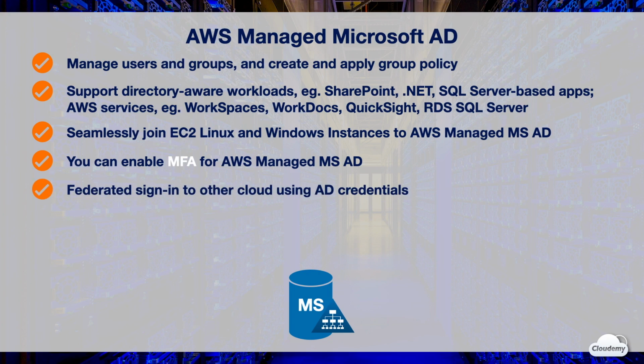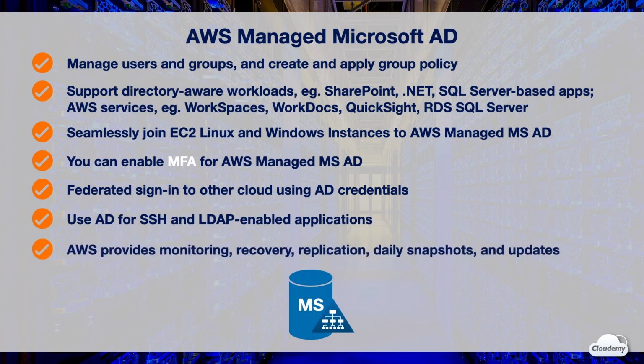For example, you can sign in to Microsoft Office 365 and other cloud applications with credentials stored in AWS Managed Microsoft AD. Because Active Directory is an LDAP directory, you can also use AWS Managed Microsoft AD for SSH and LDAP-enabled applications. AWS Managed Microsoft AD provides monitoring, data replication, daily snapshots, recovery, and software updates for you.